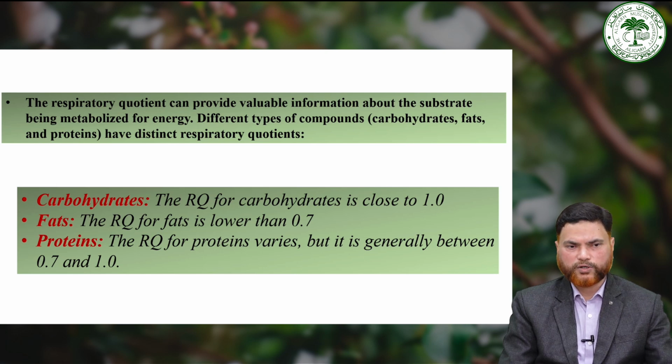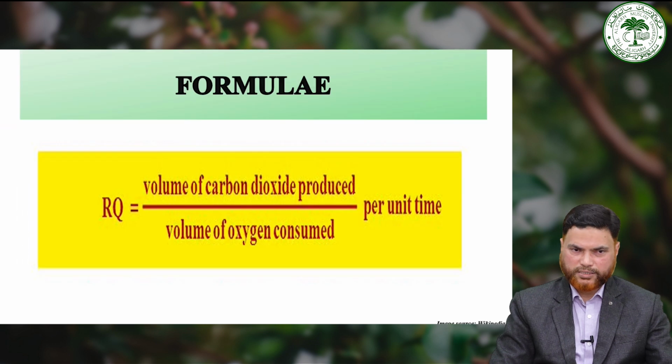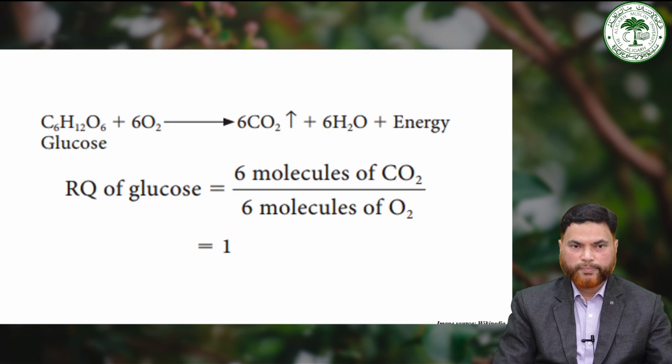Now what is the RQ for proteins? RQ for proteins varies, but it is generally between 0.7 and 1. The exact value of RQ for protein depends on the specific amino acids and composition of the proteins being metabolized. This is the general formula for calculating the RQ.